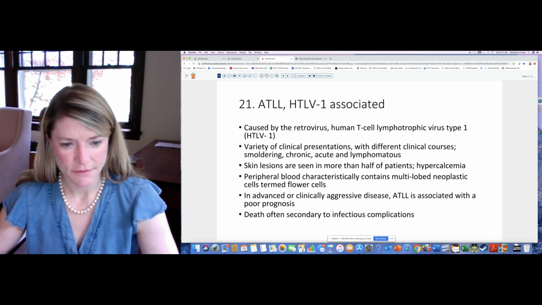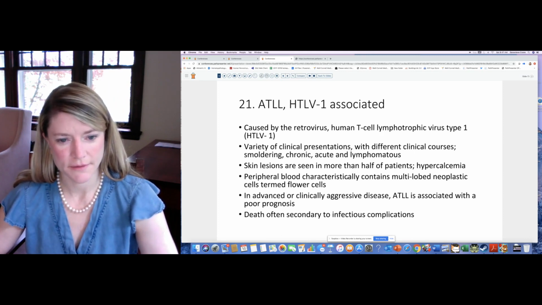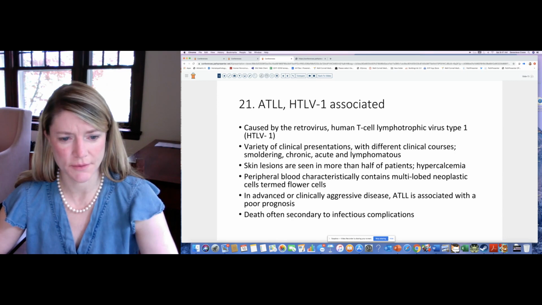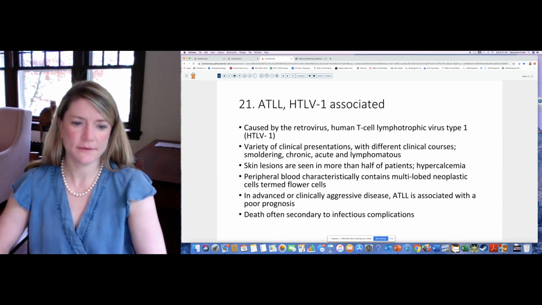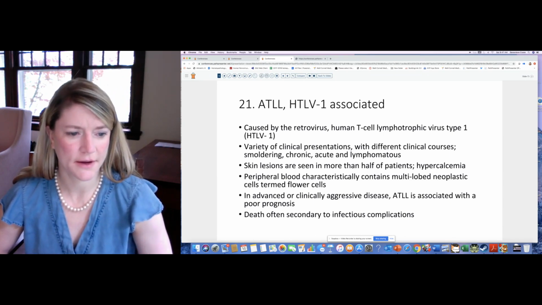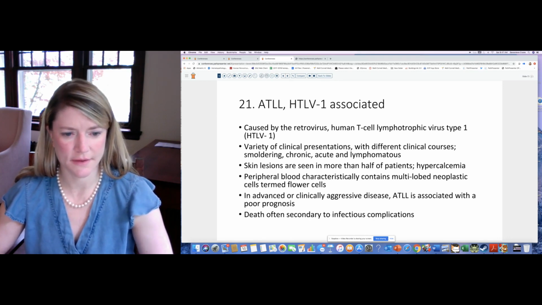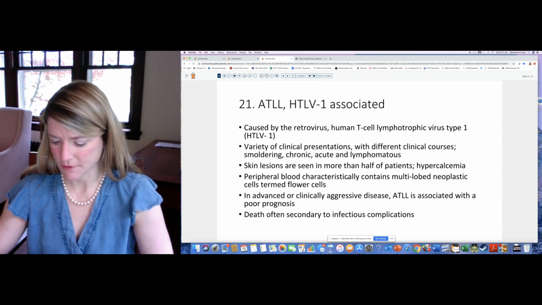They're not present in every case, although they're very frequently present on a case presented within the boards. Unfortunately, this disease is associated with a very poor prognosis, particularly when presenting in advanced or clinically aggressive disease. These cells are actually derived from T regulatory cells, which we'll discuss on the next slide, but that alters patient immune function in addition to the extensive involvement by the lymphoma, and death is often secondary to infectious complications.